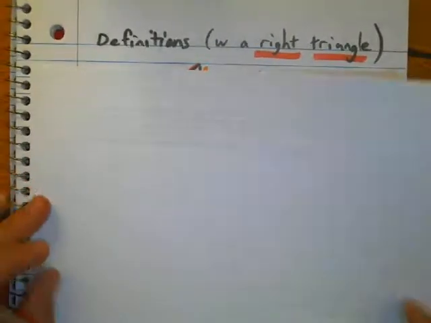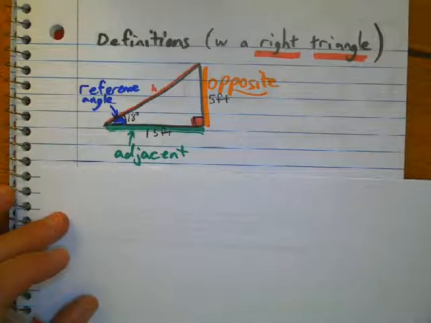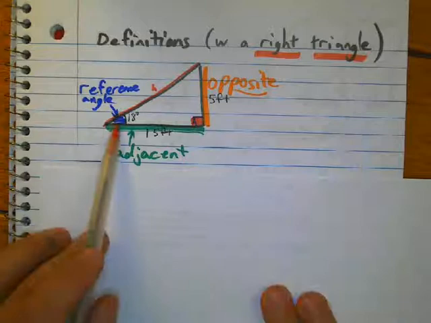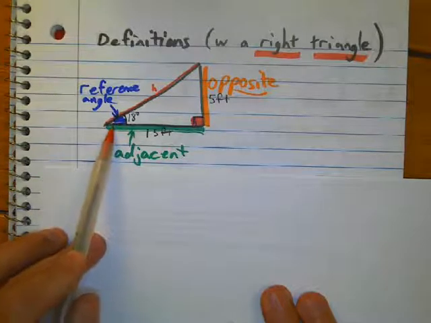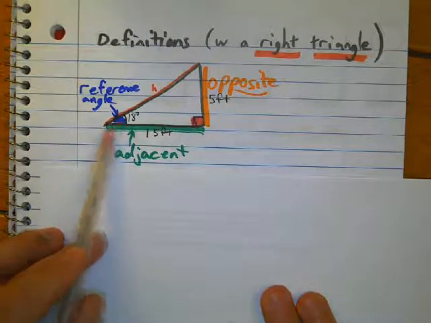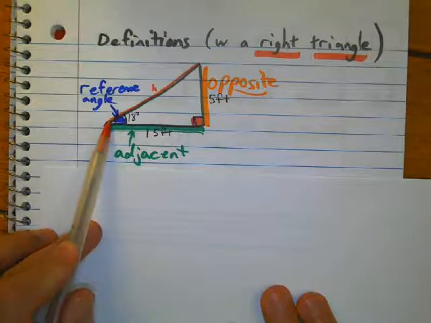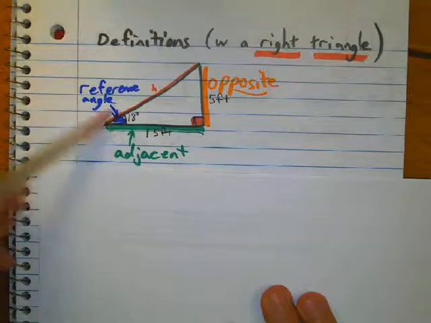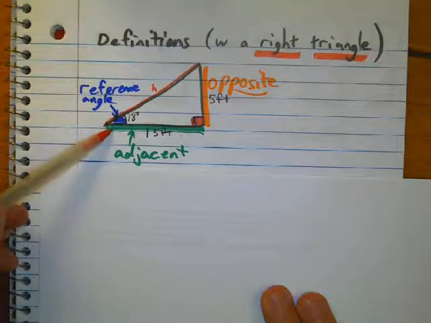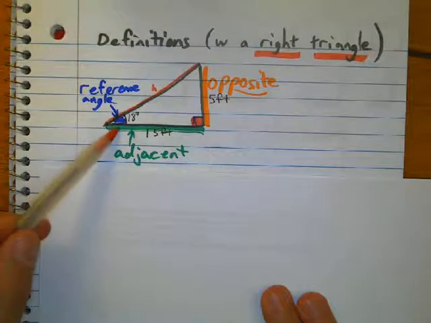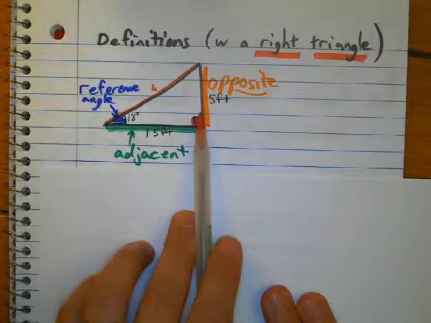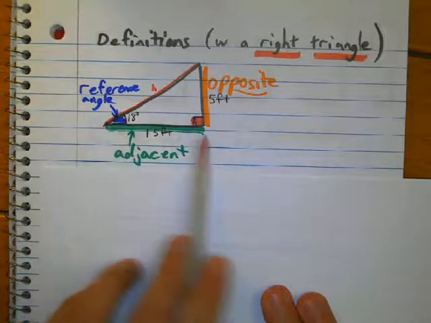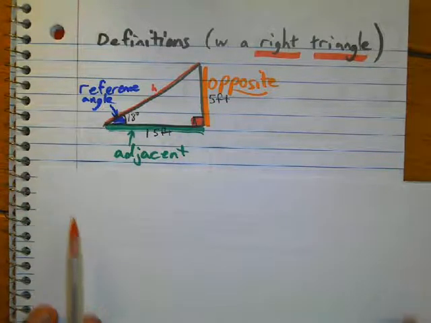Okay, so now there's some important definitions that we need to get. Okay, so when you've got a right triangle, the angle that we're going to be referring to is called the reference angle, and sometimes the reference angle is here, sometimes the reference angle is up here. For now, we're going to be talking about the reference angle being at the bottom. Now, whenever you've got a reference angle, the side that's farthest away from the reference angle is called opposite, and the side touching the reference angle is called adjacent.